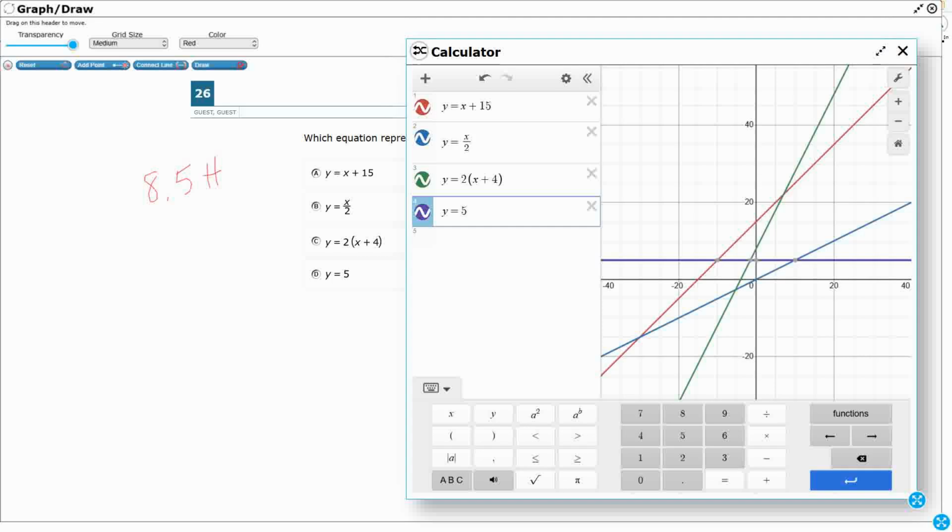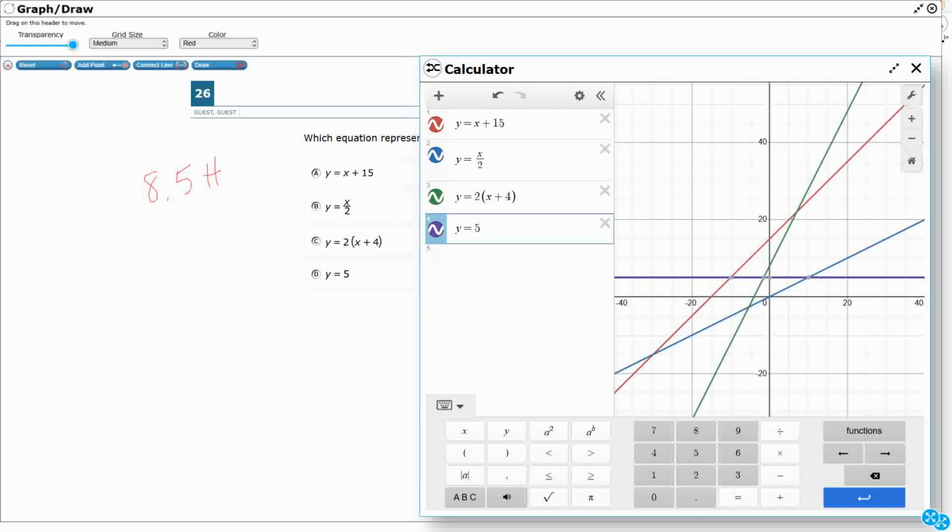All right, so if we don't know what proportional is, they're all straight lines, but we should notice that only one of them goes through the origin, which is really what we're looking for. We're looking for the line that's proportional, which means it goes through the origin, and it's this blue one right here. This y equals x over 2.